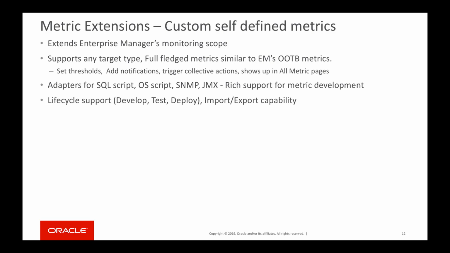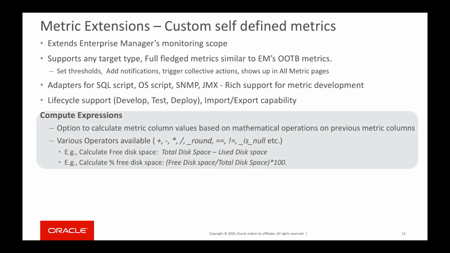Metric extension has lifecycle support for its three phases: develop, test, and deploy. It also has import and export capability, so you can share it among the different EM deployments. Some cool features: metric extension has an option to calculate metric column value based on mathematical operation between columns of the same metric extension.